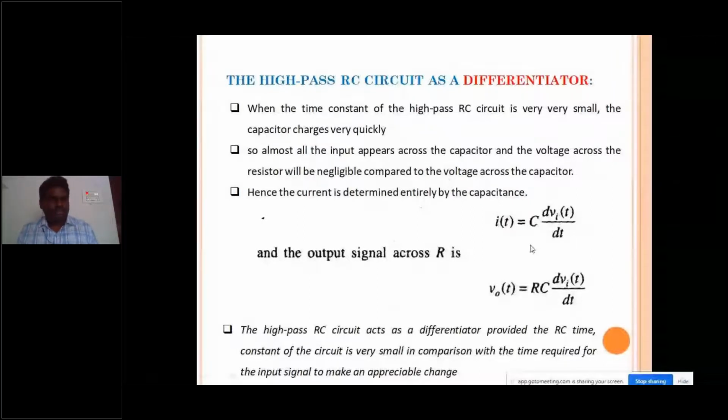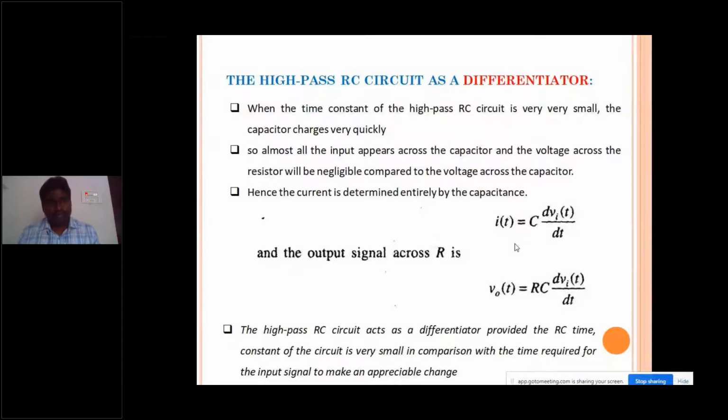The high pass circuit is not always acting as a differentiator, but only on one particular condition, that is, if the time constant of the circuit is very much less than the time period of the input. That is the very important point. If you want to make a low pass circuit act as an integrator, we need to maintain one condition, that the time constant of the circuit must be high.